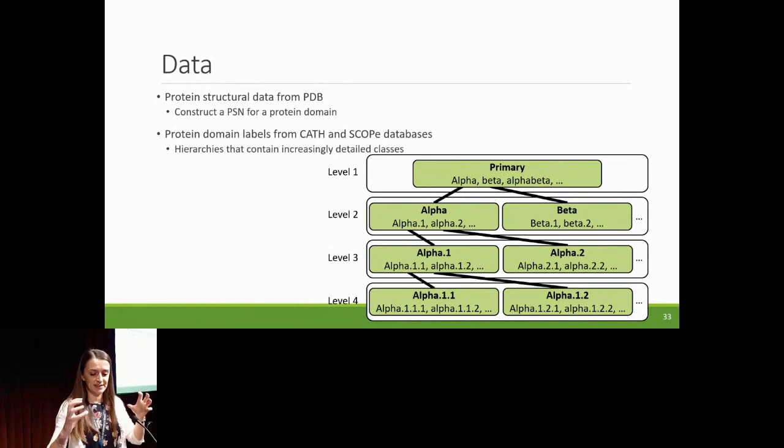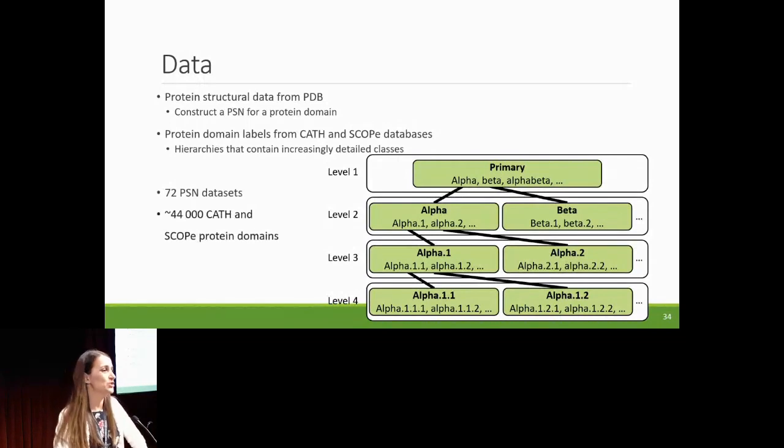In a given PSN set, for example the primary PSN set, for all proteins under consideration, we're trying to distinguish between those labeled as alpha versus beta versus alpha-beta. At the alpha 1.1 bottom left green box, we are only focusing on protein domains labeled as alpha 1.1, and we're trying to distinguish between those that are alpha 1.1.1 versus alpha 1.1.2, and so forth. In total, we are studying 72 such PSN sets spanning 44,000 CATH and SCOP protein domains.